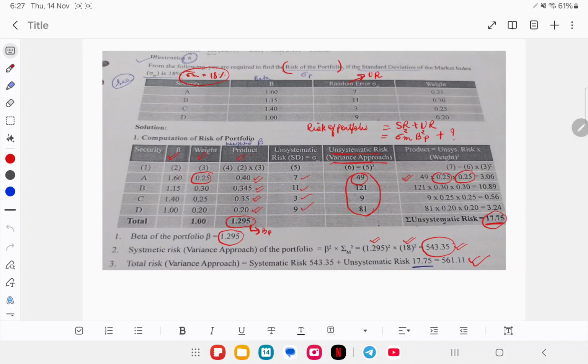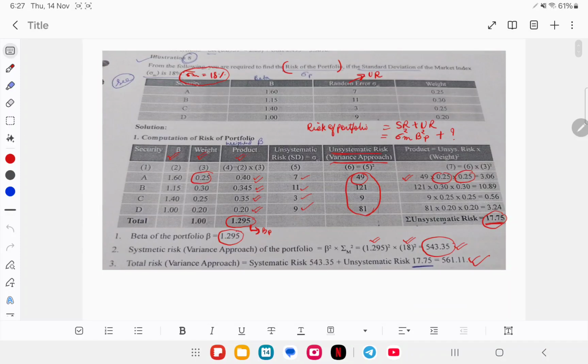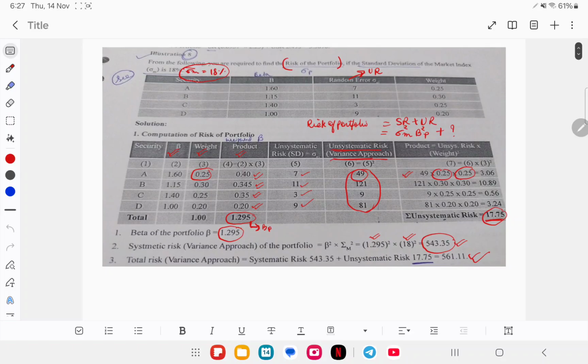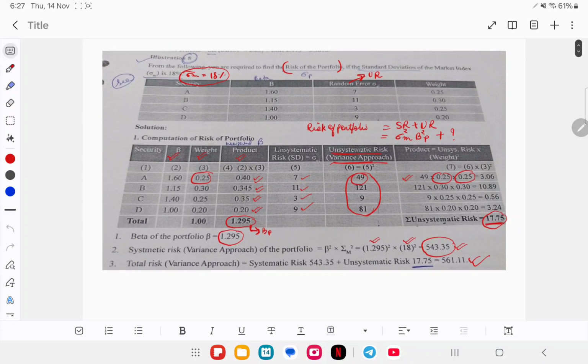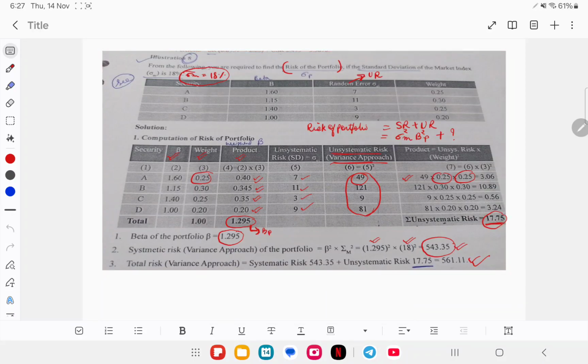Okay, so how do we calculate risk of portfolio? It is basically the summation of systematic risk and unsystematic risk. For systematic risk, we have a formula which is standard deviation of market into beta of market, the whole square.